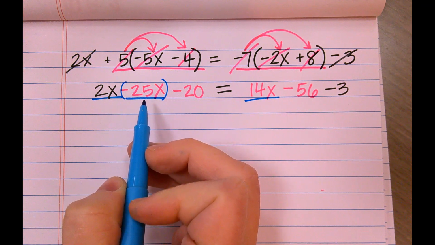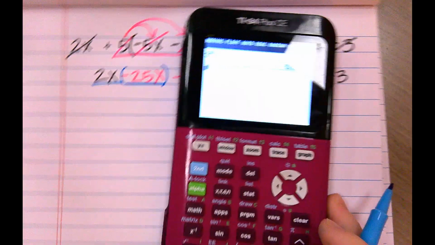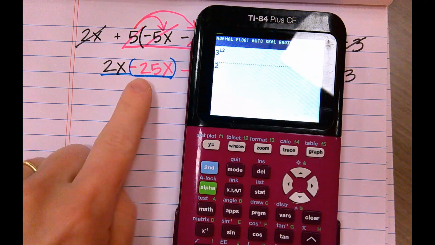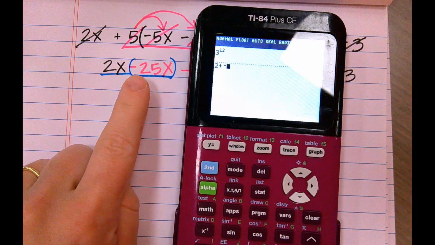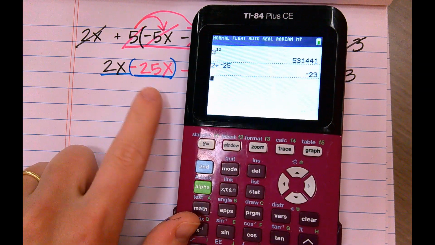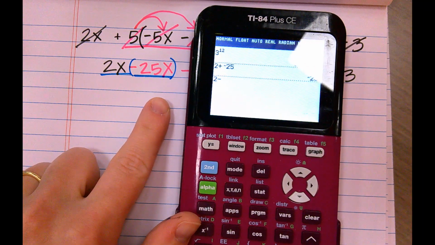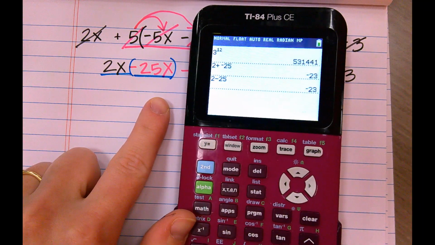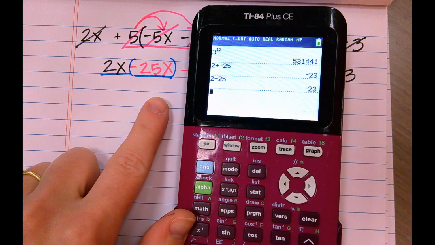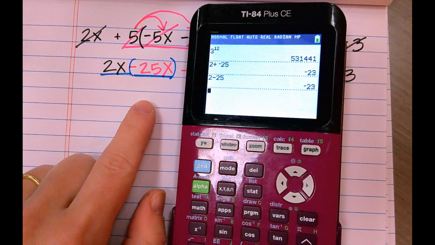It will give you the same answer. I'll show you both. I could do 2 plus negative 25 and I get negative 23. Or I can do 2 minus 25. I still get negative 23. So either way will work.